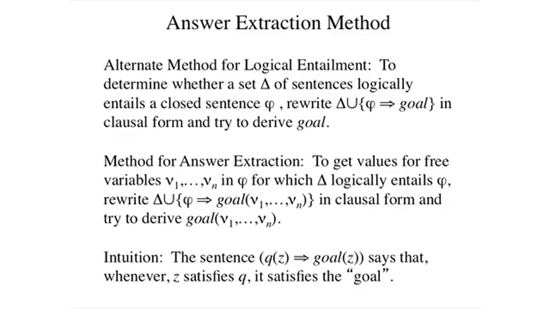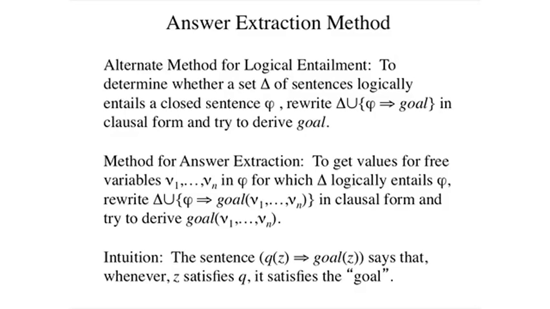Suppose we have a sentence with some free variables, nu1 through nu-n, and we want terms such that when we substitute those terms for the variables, the goal sentence is true. If we modify our method just a little bit more, we can get resolution to give us these answers.